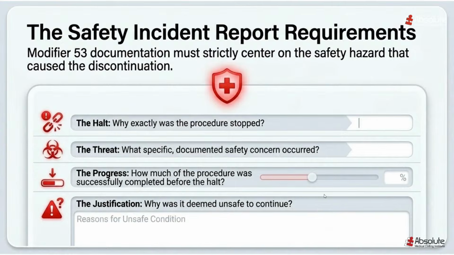This is key right here. That progress will tell you whether you can code a modifier 52 reduced or stopped. Okay? And the justification. Why was it unsafe to continue?